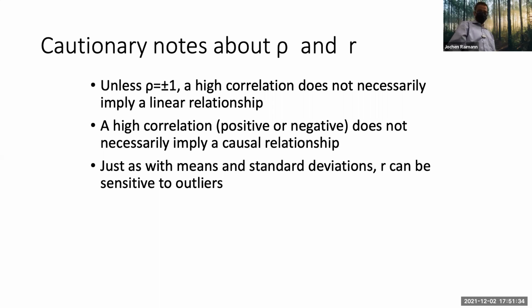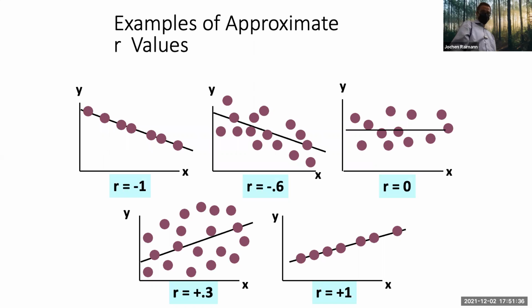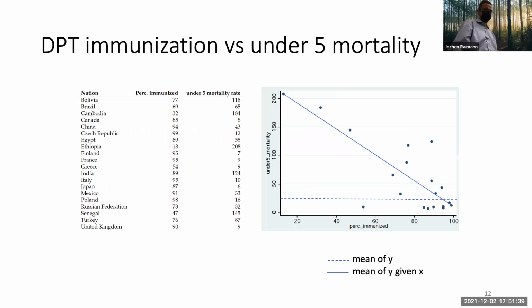And R is unfortunately very sensitive to outliers, which is nicely shown with this. When you look at this correlation, we don't have a correlation coefficient here, but these outliers are very strongly driving this relationship, right? Not only conceptually, but also arithmetically.